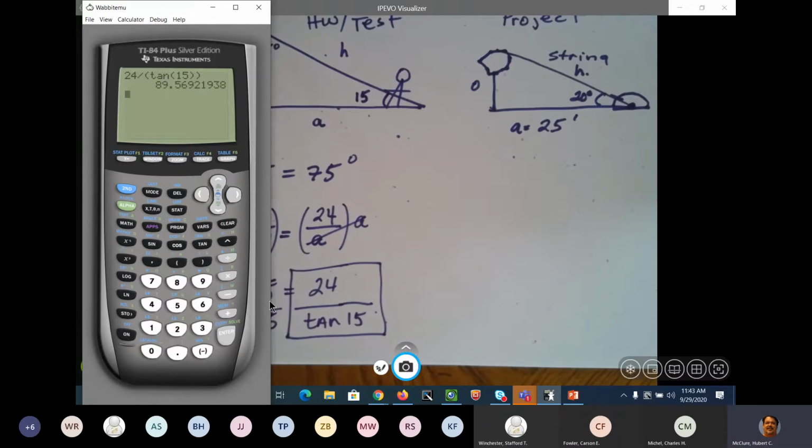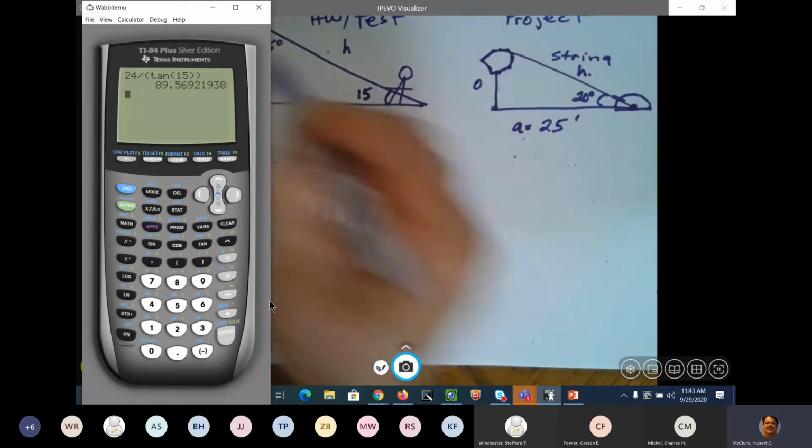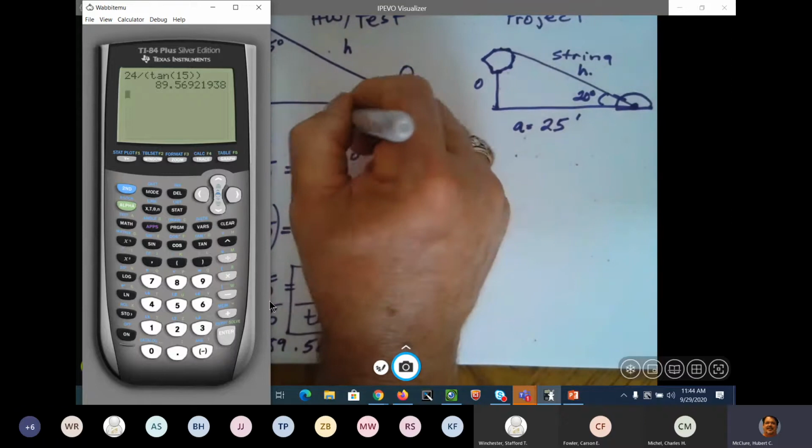So my adjacent is equal to 89.569. I look up here, they got it to the whole number, so I'm going to round mine to 90. So A is equal to 90.